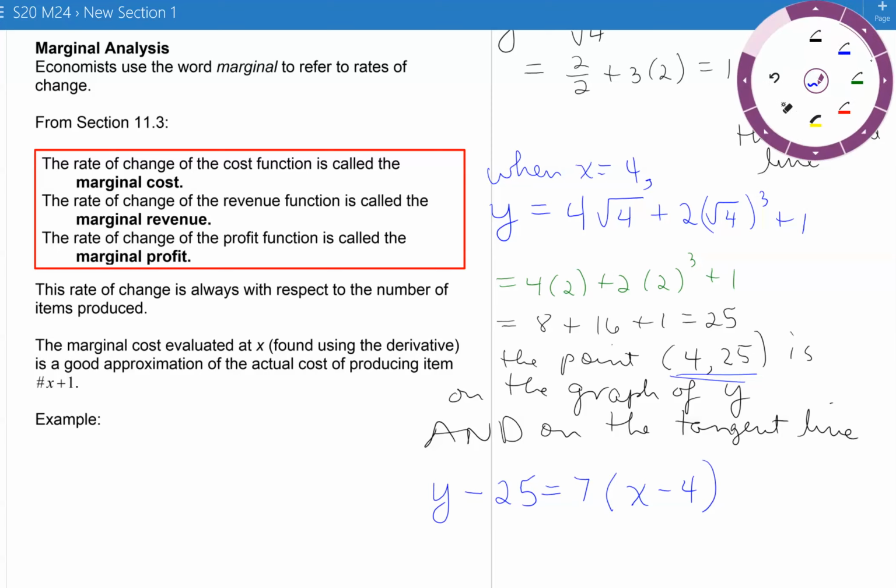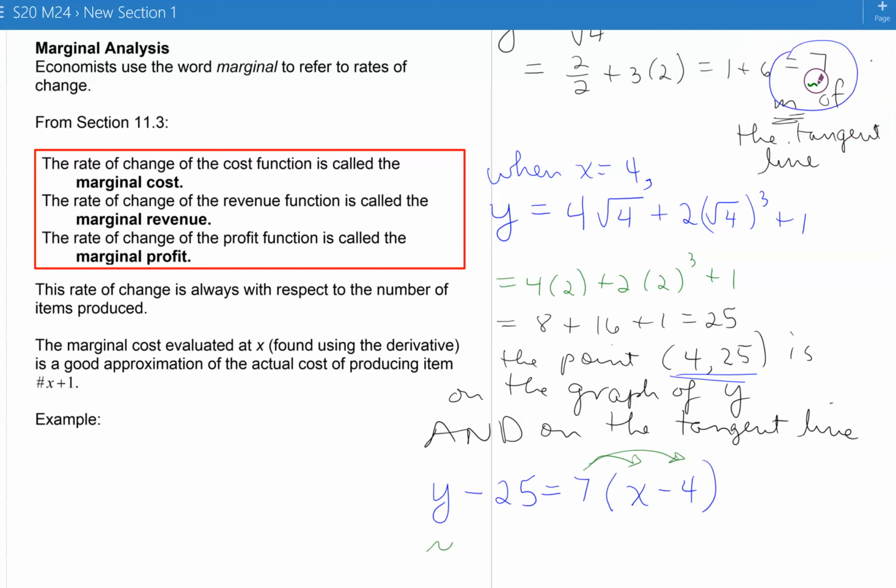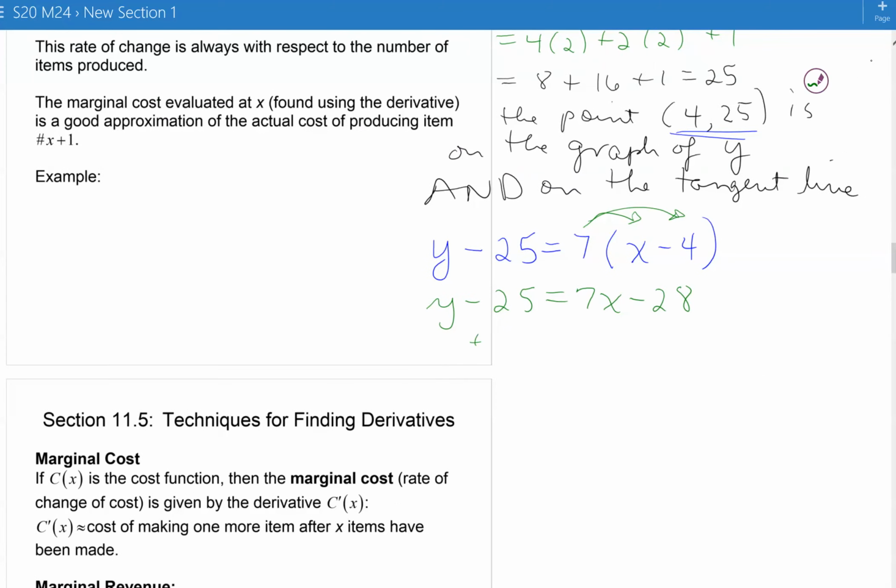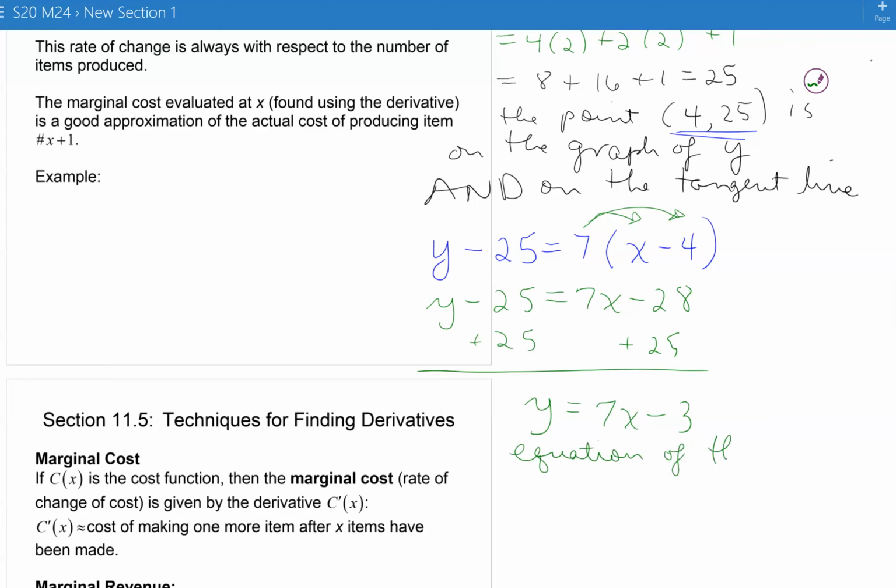So then to write it in slope-intercept form, this is the point-slope form, we say y minus 25 equals 7x minus 28, and add 25 to both sides, and say y equals 7x minus 3. So this is the equation of the tangent line when x is 4.